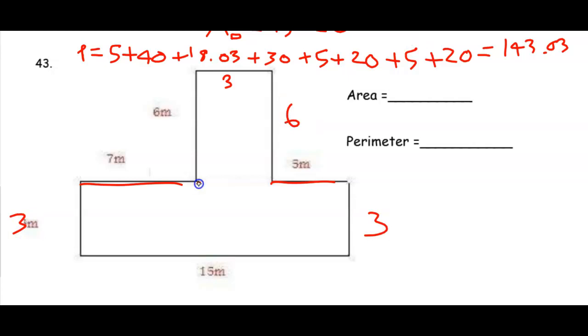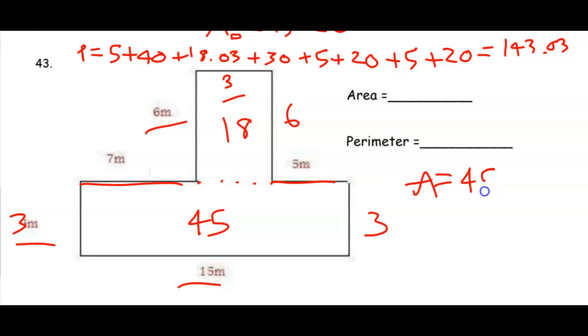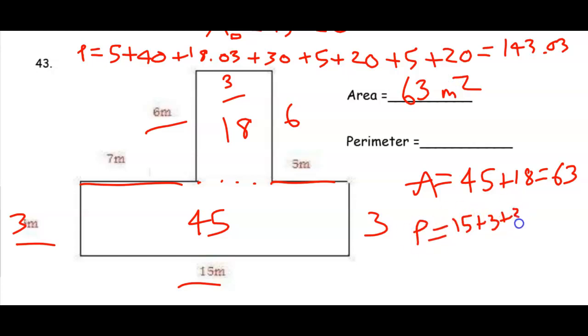So for area, 3 times 15 is 45. 6 times 3 is 18. So for area, 45 plus 18, which is 63 meters squared. And then for perimeter, we add up 15 plus 3 plus 3.